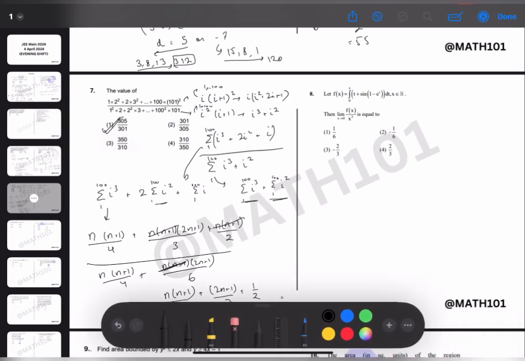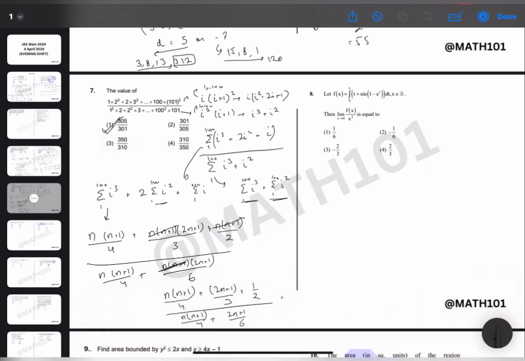f(x) is the integral from 0 to x of t plus sine of 1 minus e to the power t, dt.